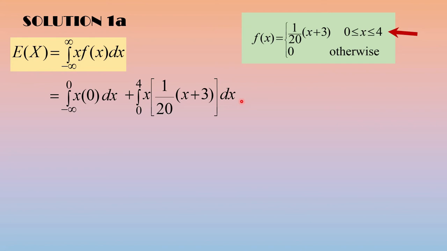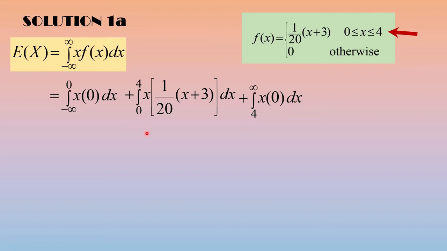And we continue to integrate from 4 to infinity, because we need to integrate from negative infinity to infinity. From 4 to infinity, the function is 0, so x times 0 dx.